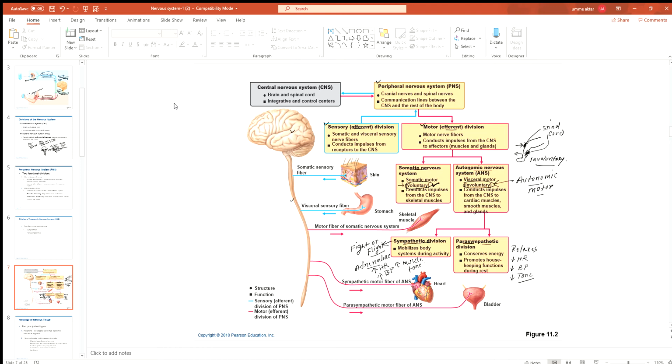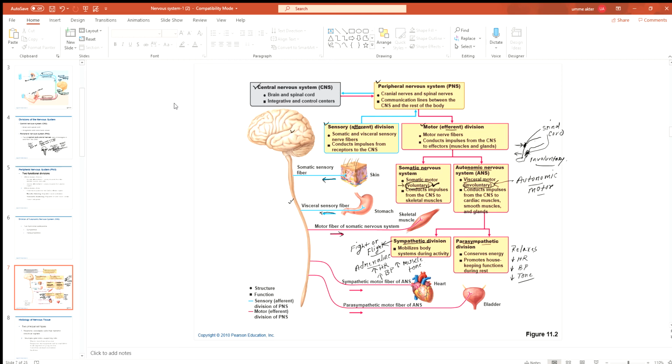Let me quickly go over. The central nervous system includes the brain and the spinal cord, and the peripheral nervous system. First, we divide it into two types. You see here, sensory nerves take the signal towards the central nervous system, towards the brain, and the motor nerves take the signal away from the central nervous system, away from the brain and the spinal cord.